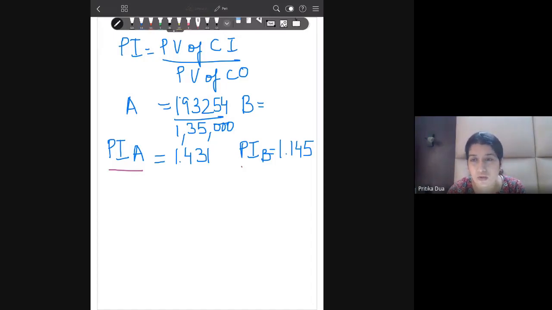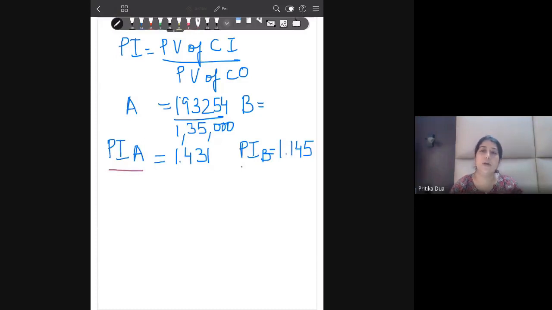That would be more easy to comprehend. So for every 1 rupee invested, you are getting approximately 1.43 rupees in return. But for machine B, on an investment of rupee 1, you are getting a return of 1.14. So we will prefer machine A over machine B.